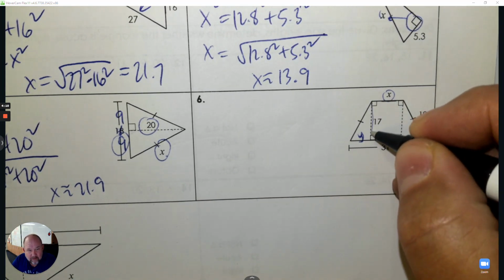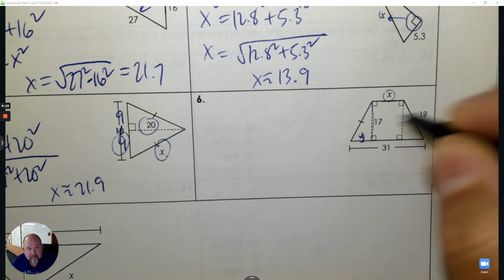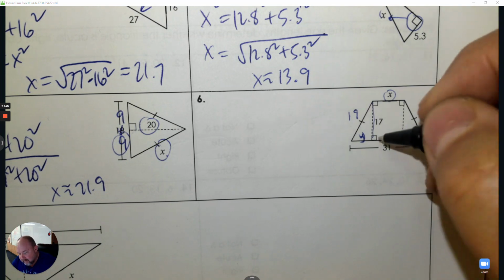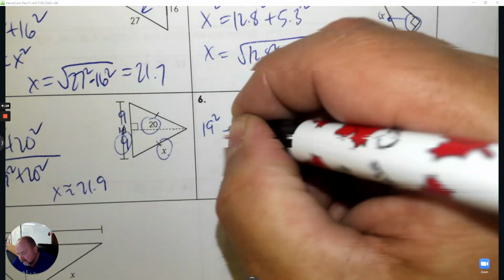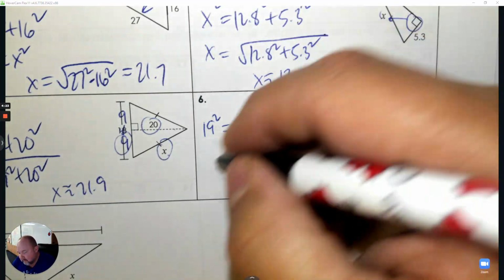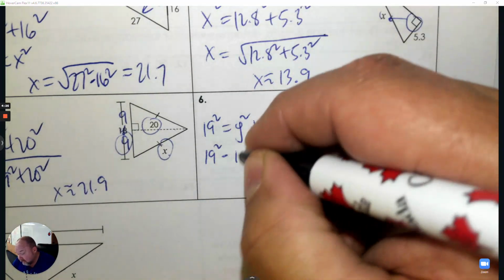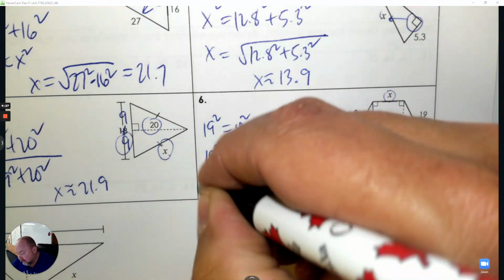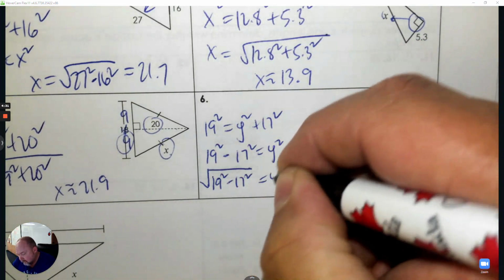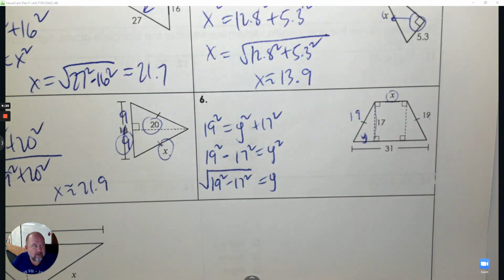I see a right triangle right here, and I know this is 19, this is 19 because of the same length. So the hypotenuse is 19, and that's equal to y squared plus 17 squared. Then to get y by itself, we subtract. And then the last step is we square root. And then use your calculator.